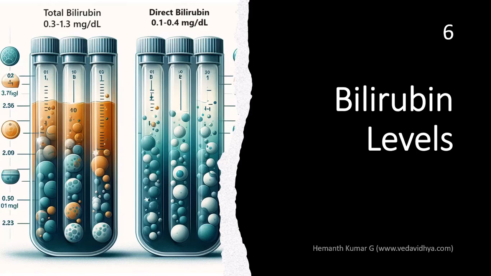On the other hand, direct bilirubin is bilirubin that has been processed by the liver. Direct bilirubin is the bilirubin which is directly processed by the liver and is ready to be excreted. It usually has levels from 0.1 to 0.4 milligrams per deciliter.